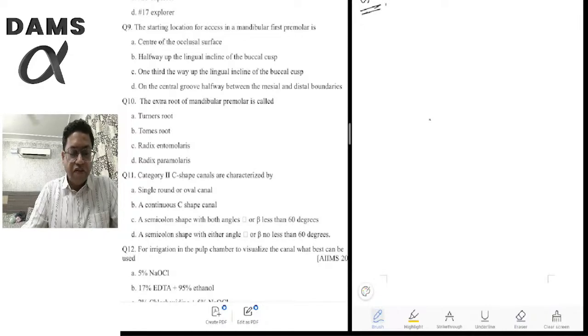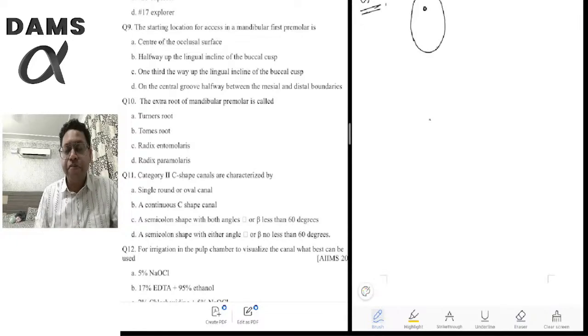The starting location for access in mandibular first premolar is: center of the occlusal surface, halfway up the lingual incline of the buccal cusp, one third the way up the lingual incline of the buccal cusp, or on the central groove halfway between the mesial and distal boundaries. For that, you should remember that a mandibular first premolar is a tooth seen from above like this.